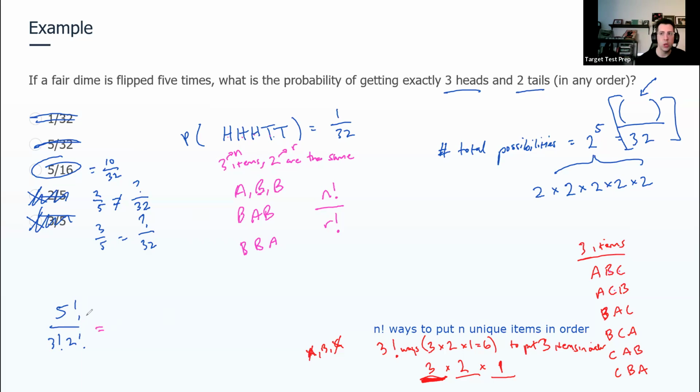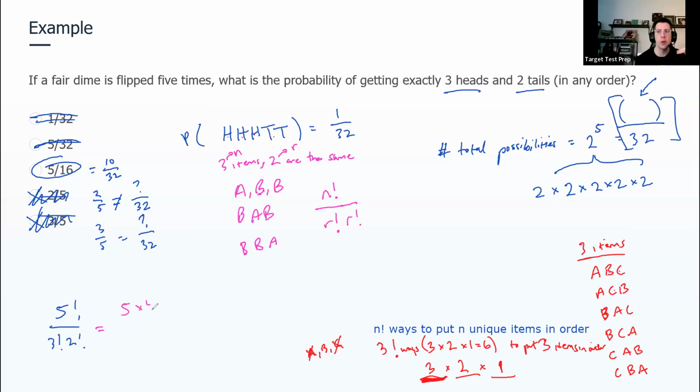So the shortcut formula is 5 factorial over 3 factorial times 2 factorial, where it's n factorial over r factorial, and it could be another r factorial if there's another repeating item. For however many repeating items there are, you just divide that out in the denominator.